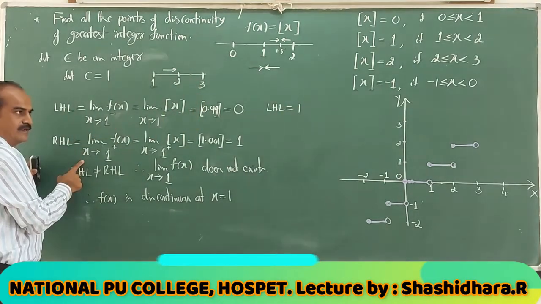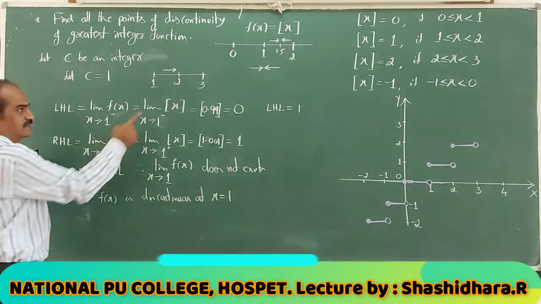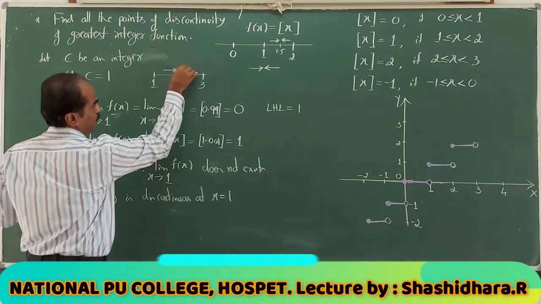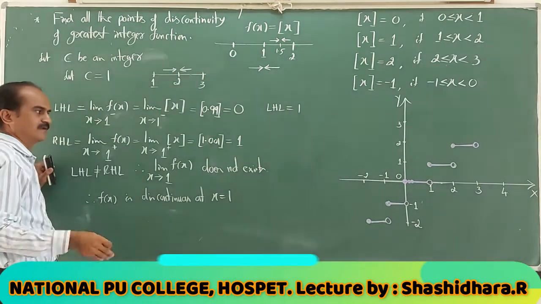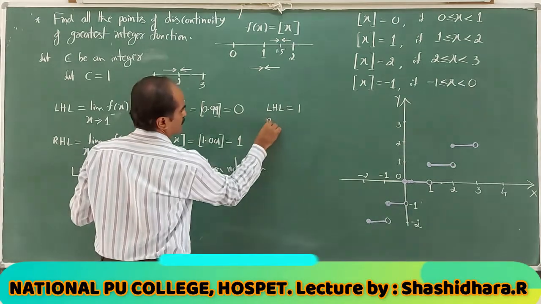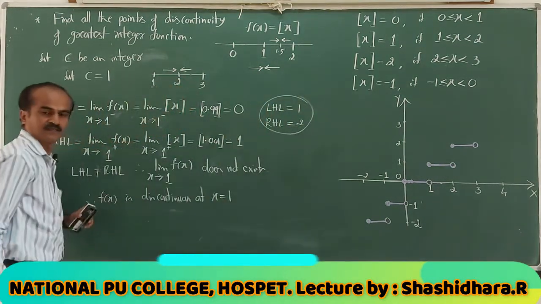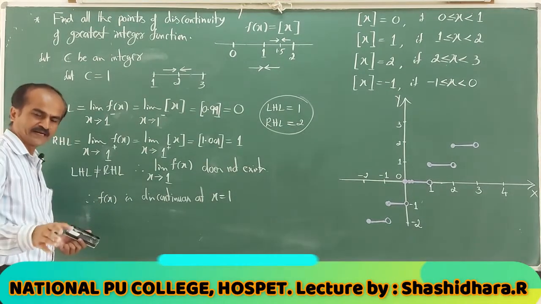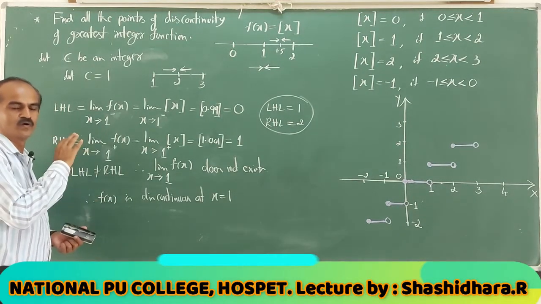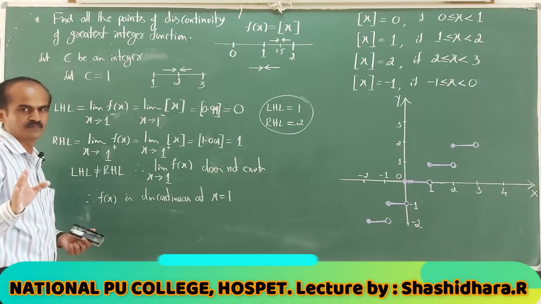RHL, as x approaches 2 from the right side, slightly greater than 2, maybe 2.001. The greatest integer of 2.001 is what? 2. Like this, it fails to be continuous at all the integral points.